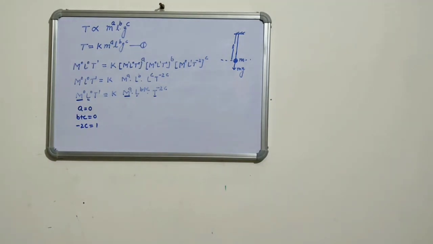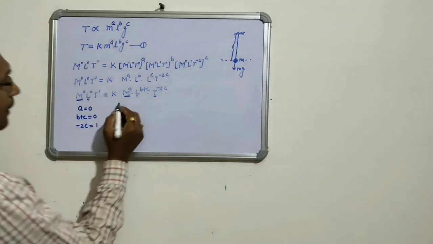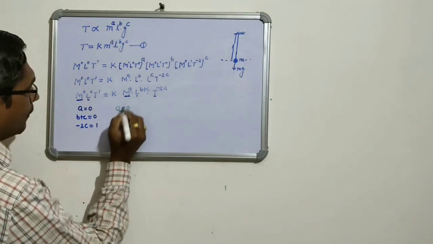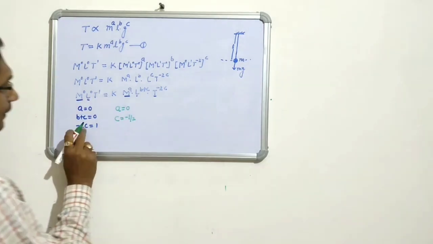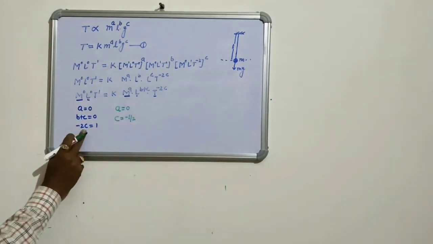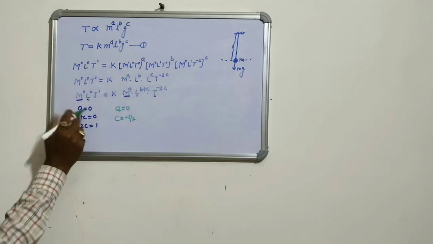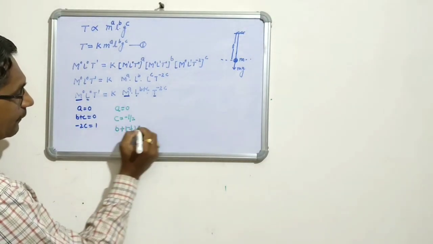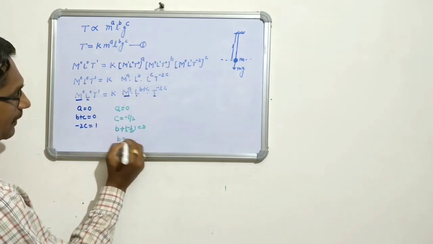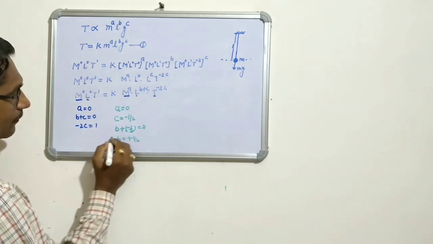Right? So we got the value of a equals 0, and the value of c equals minus half. By solving this, we put the value of c in this equation. So b plus minus half equals 0, then b equals plus half.